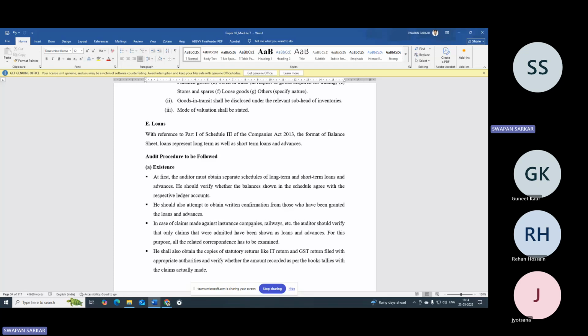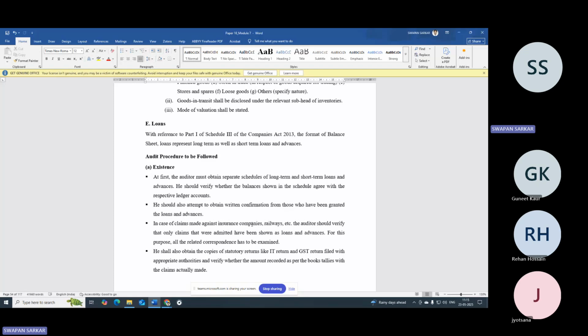At first, the auditor must obtain a separate schedule of long-term and short-term loans and advances, and he should verify whether the balances shown in the schedule agree with the respective ledger accounts. Secondly, he should also attempt to obtain written confirmation from those who have been granted the loans and advances.